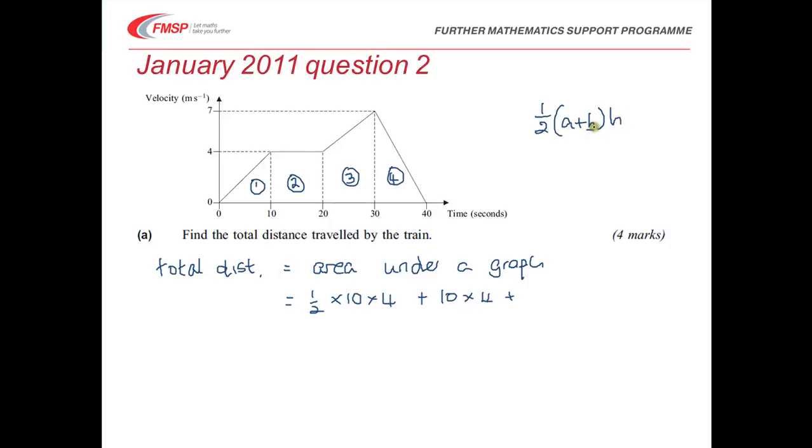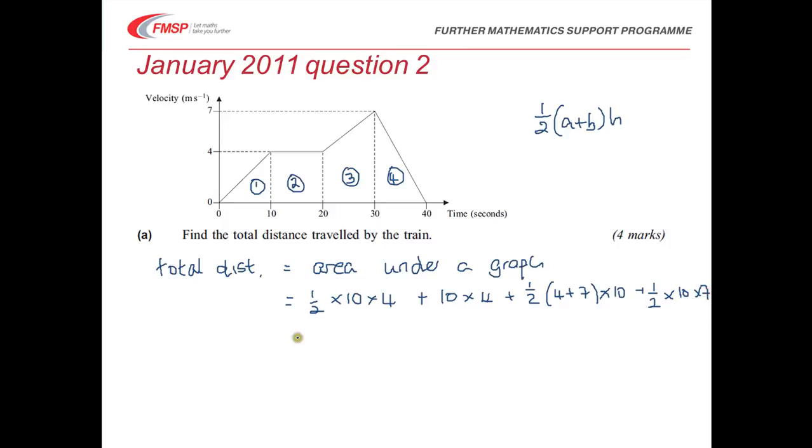A and B are the two parallel sides, so that's a half of (4 plus 7), the sum of the two parallel sides, times the distance between them, which is 10. And then the last one, a triangle, whose area will be a half of 10 times 7.